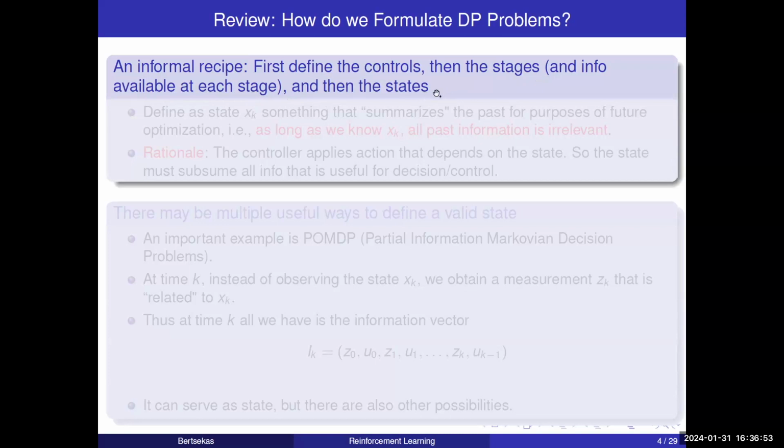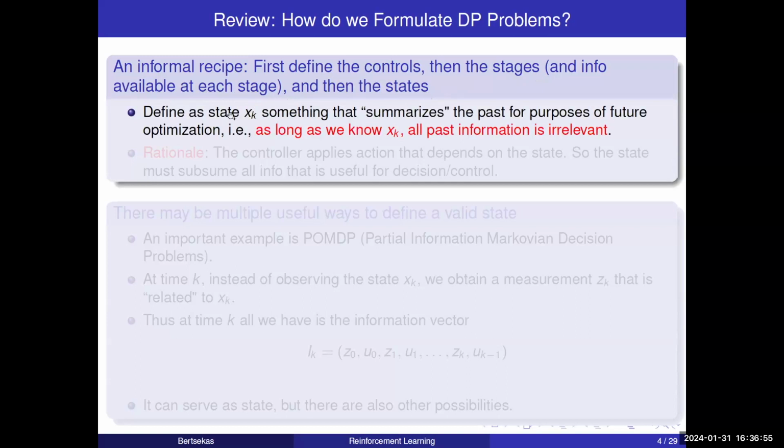Now, the state is the trickiest part. And the guideline here is to define a state at time k, xk, something that summarizes the past. Everything that you have seen up to that time that's relevant for the purposes of future optimization.